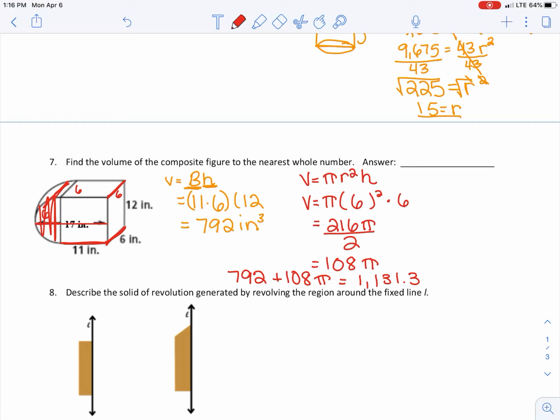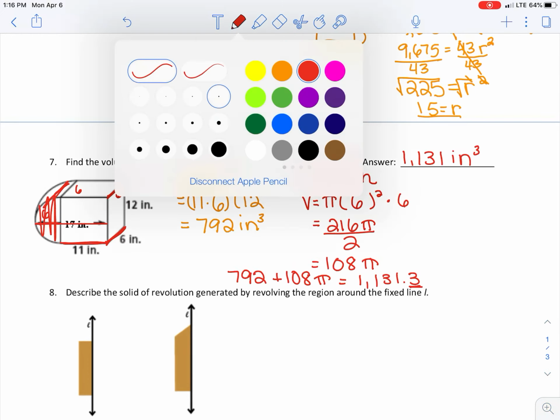Okay, and looking back at the directions, it wants it to the nearest whole number. So since this 3 here is smaller than 5, we're going to leave it as 1,131, and this will be inches cubed.